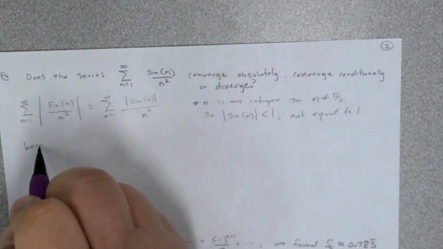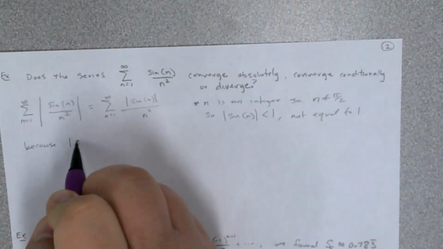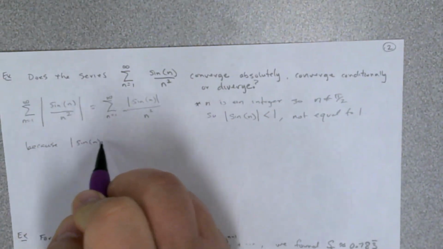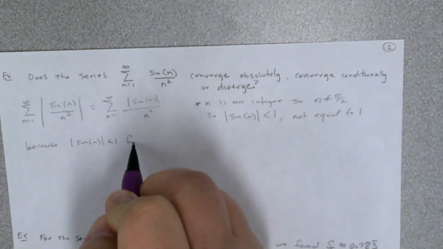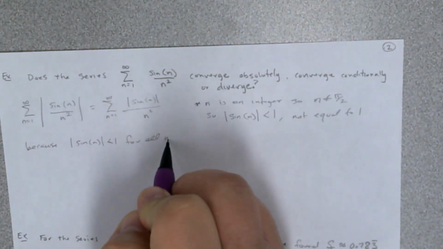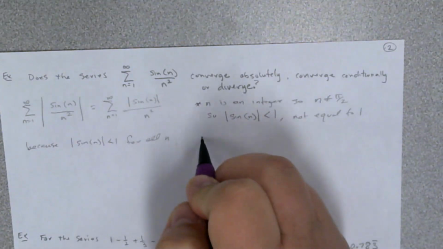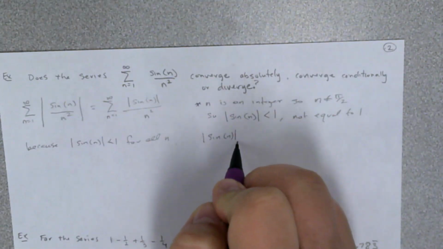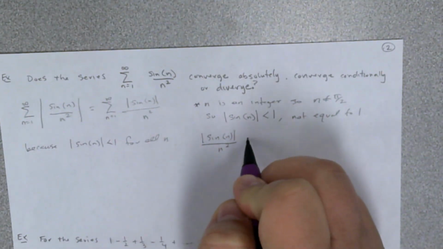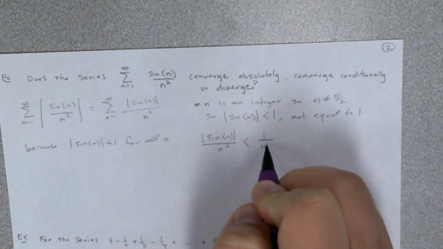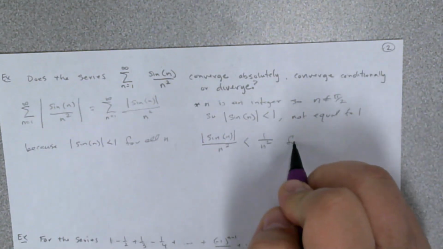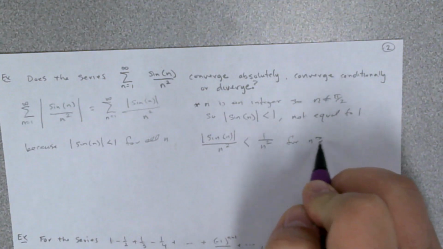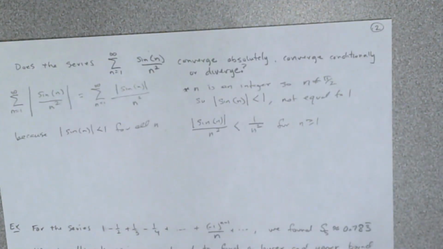Because of that, the absolute value of the sine of n over n squared is going to be less than 1 over n squared for n greater than or equal to 1.